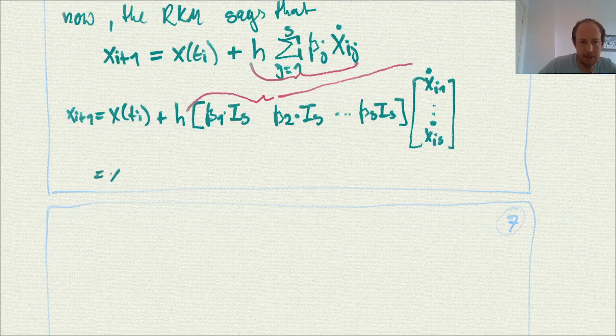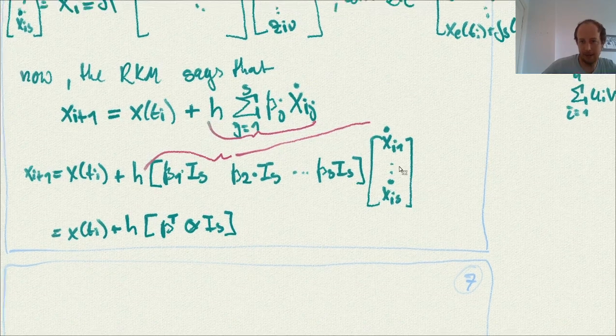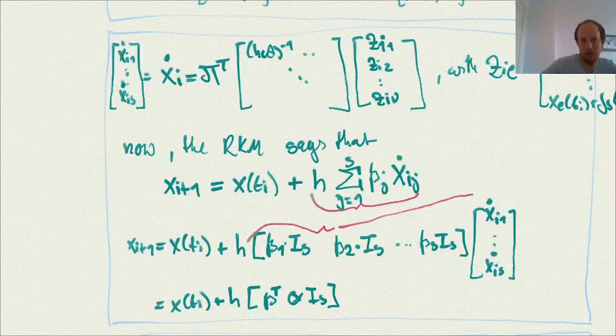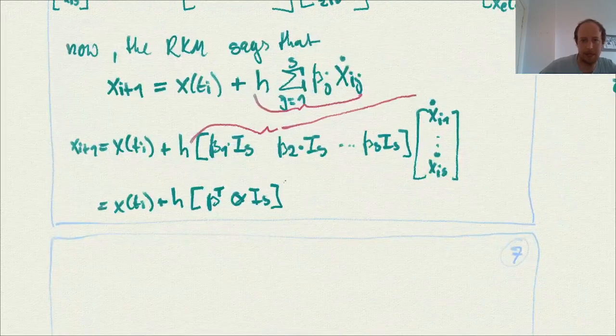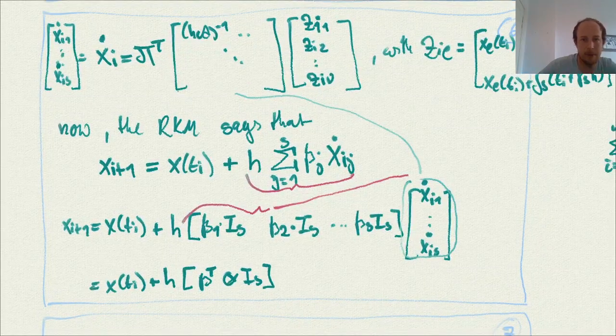But this is interesting because this can be written as a Kronecker product as well. This is h times beta transposed Kronecker I_s. Okay, and now we put in here what we know as xi_i. So we replace this part here by what we know here.